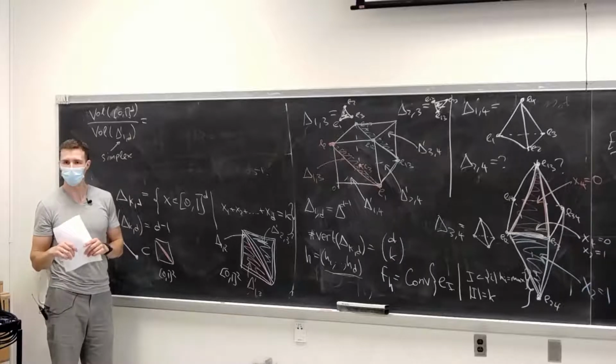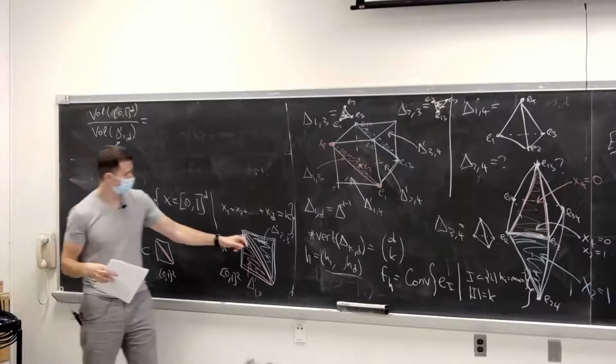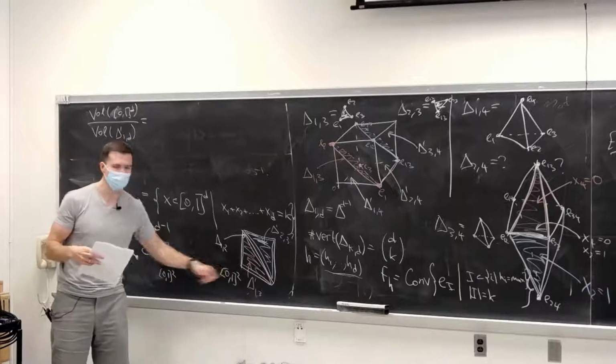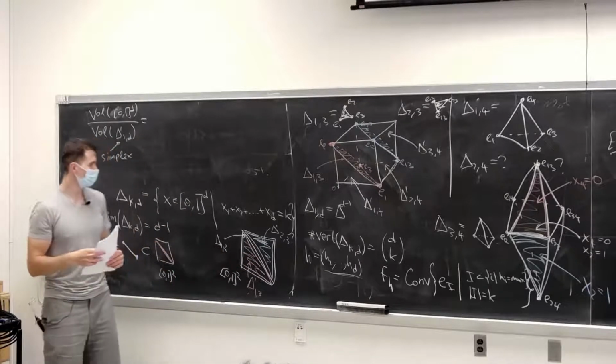Cool. Like here, a square is a union of two triangles, so the answer should be 2. D minus 1.